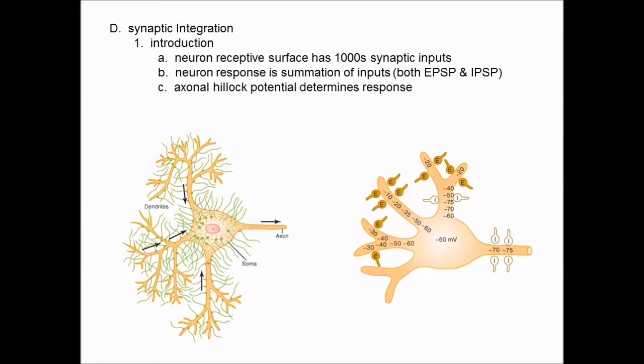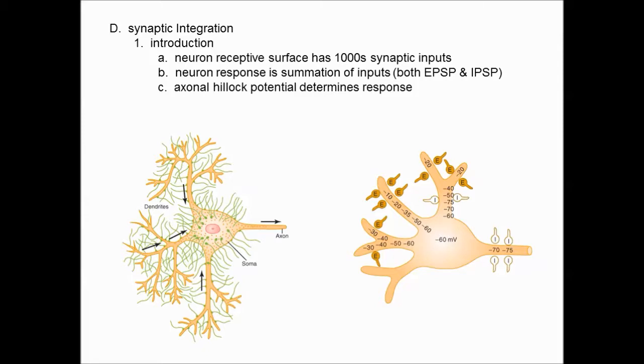And what that neuron is going to do is summate all the inputs, and some of them will be EPSPs and some of them will be IPSPs, as we said last time. The EPSPs would try and depolarize a neuron, and the IPSPs hyperpolarize. What this neuron must do is sum all of those inputs. So the excitatory endings would end up depolarizing, as represented here, but the inhibitory would end up hyperpolarizing.